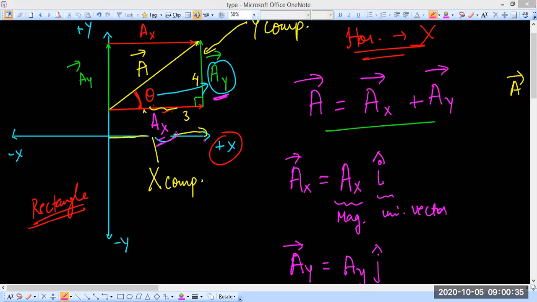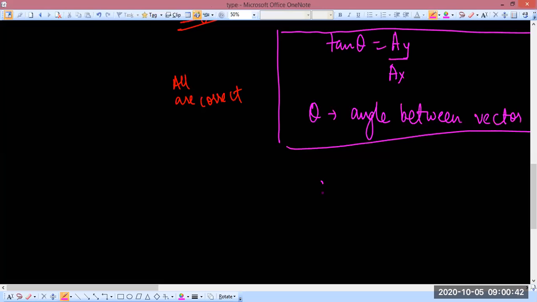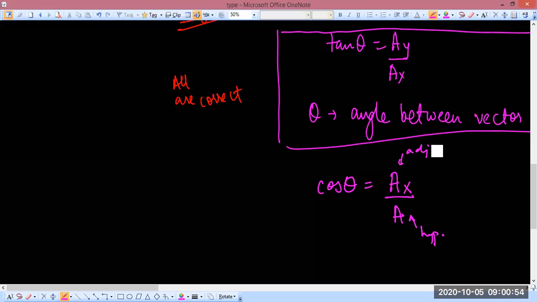So if we put the values here, we will get cos theta is equal to AX upon A, right? Again, this is adjacent and this is hypotenuse. Clear? So cos theta is equal to adjacent upon hypotenuse, right?